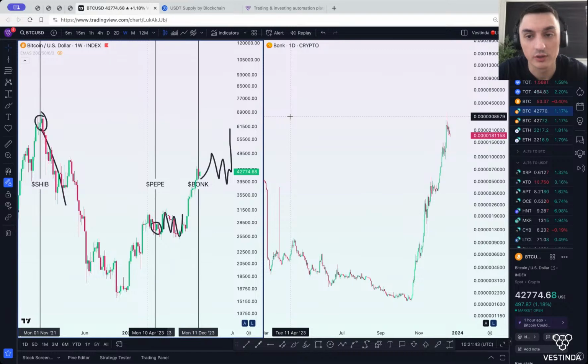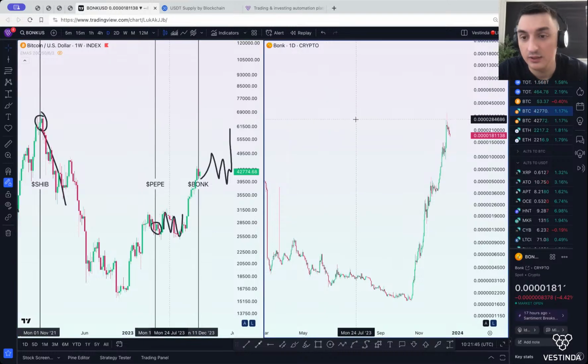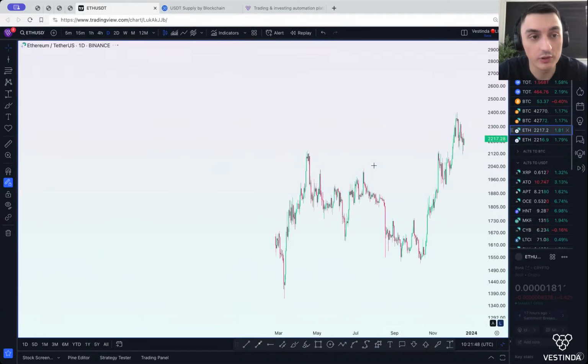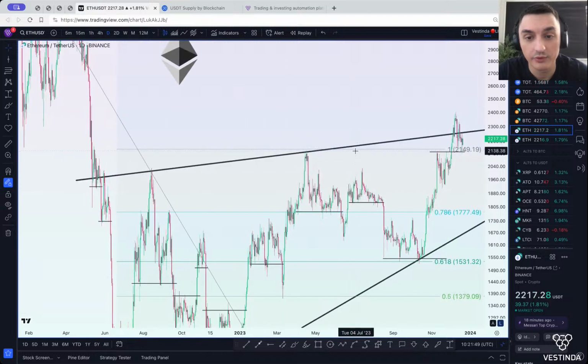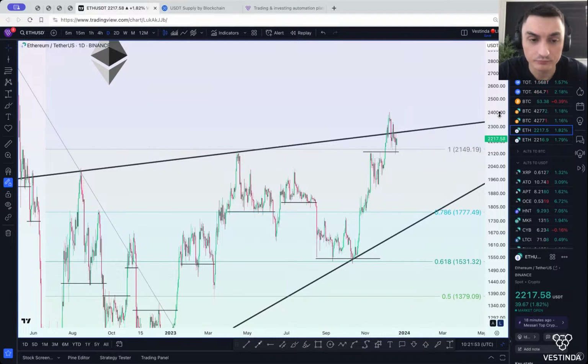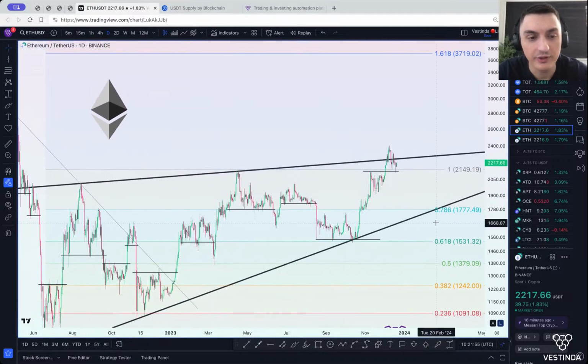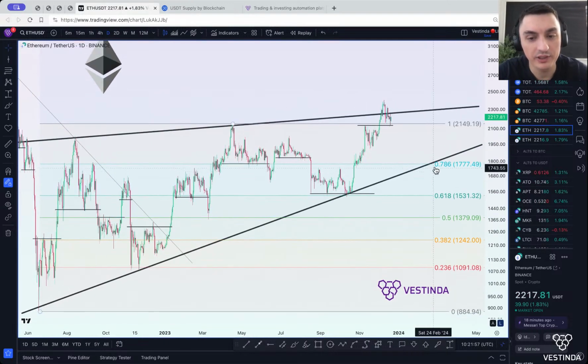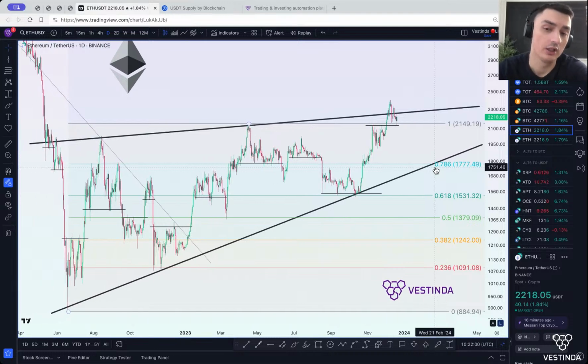For the next chart, let's see what's happening on Ethereum. Currently Ethereum is in a kind of tricky zone simply because we have this really big rising wedge, and a rising wedge is usually a bear pattern.